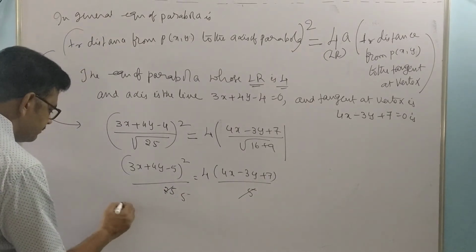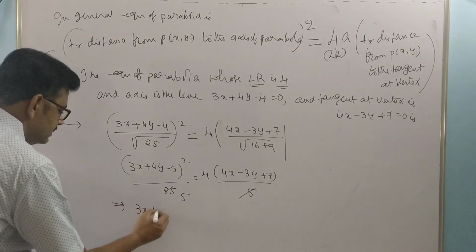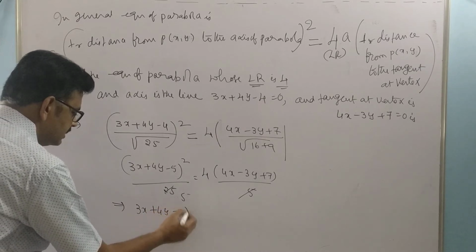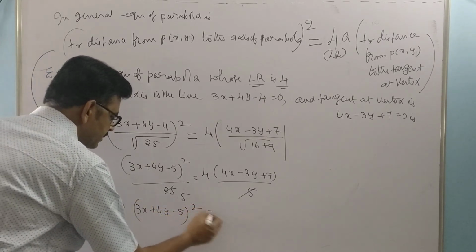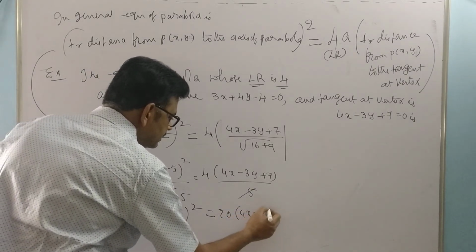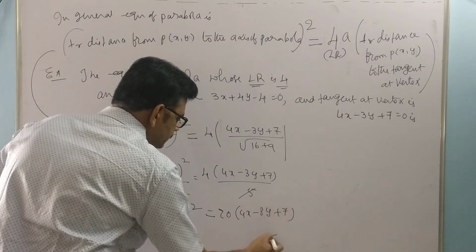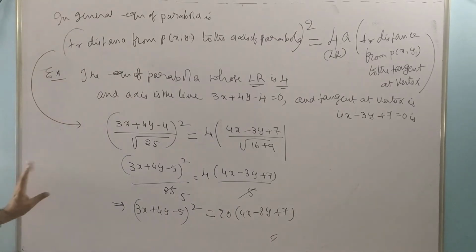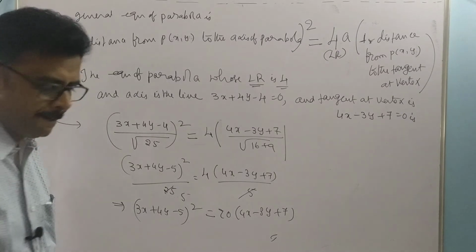Therefore the equation is 3x plus 4y minus 4 whole square equal to 20 into 4x minus 3y plus 7. So this is the equation of parabola whose axis is given and tangent at vertex is given.